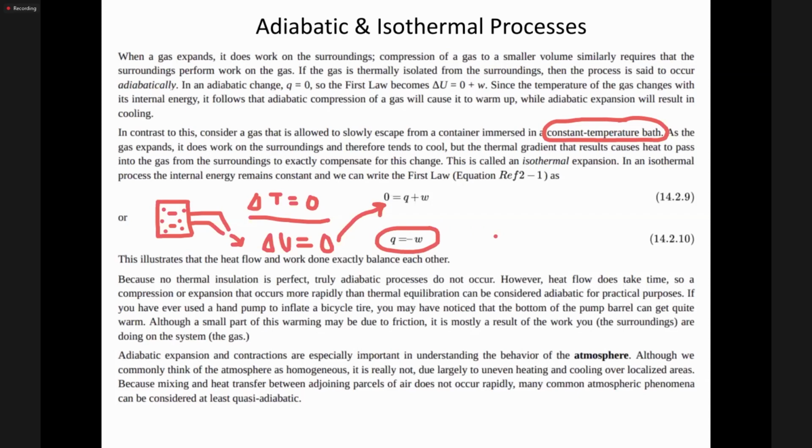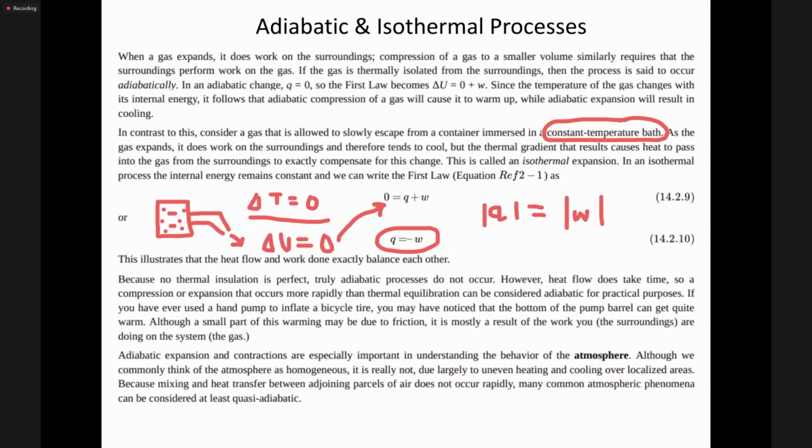The modulus of Q will be the modulus of W, because they are the same, but their signs are opposite. It illustrates that the heat flow, Q, and the work done, W, are completely reverse to one another. They are balancing each other. So this is the heat flow and work done balance in the case of isothermal expansion or compression.